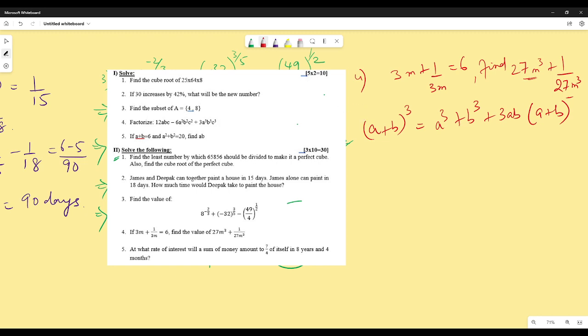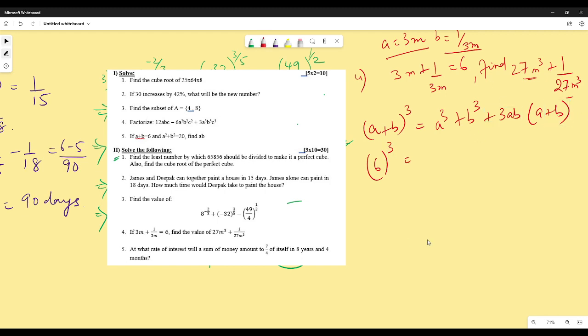So here, a is equal to 3m and b is equal to 1 by 3m. This is the substitution that we are going to make. We already know the value of a plus b, 3m plus 1 by 3m, is given as 6.